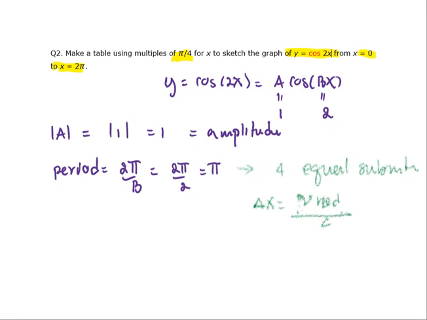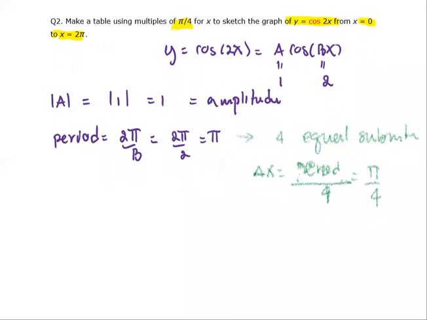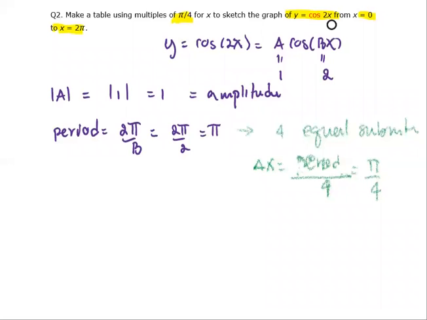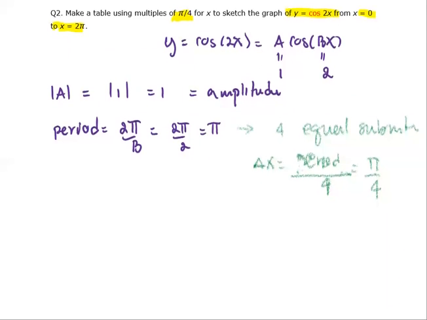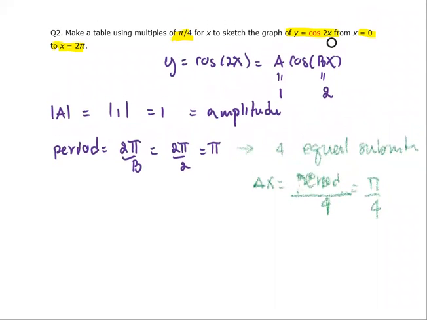In our case, the period is pi, so pi divided by 4 would be the increment from one point to another in one cycle. Starting at x equals 0, the 5 key points for 4 equal subintervals in one cycle would be 0, with the increment pi over 4, and then pi over 2, 3 pi over 4, and then pi for one cycle.